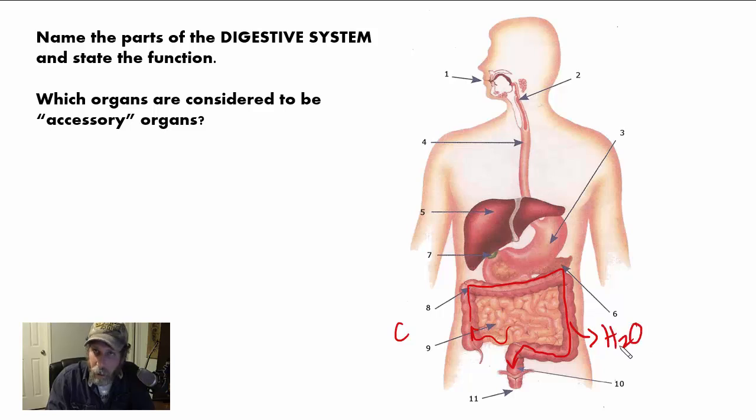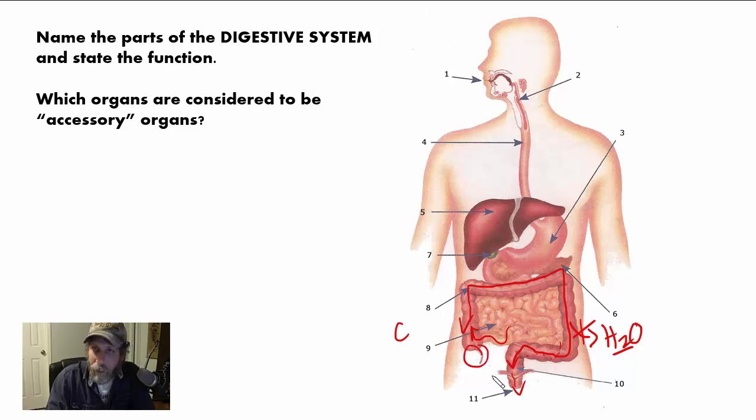Reabsorption of water. You can say absorption or reabsorption of water back into the body, creating the feces. It also produces vitamins and does a couple other things, but we basically talked about this. Inflammation of the lining, colitis. Inflammation of the lining can impair water reabsorption, meaning water stays in here, coming out, diarrhea.